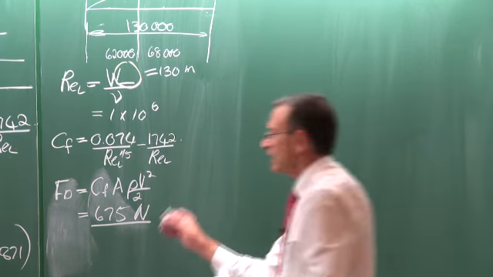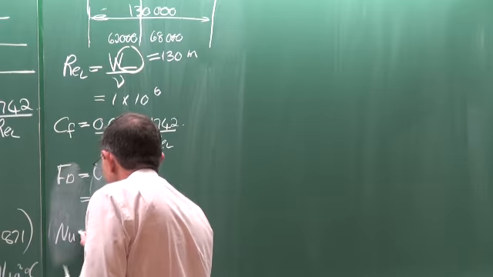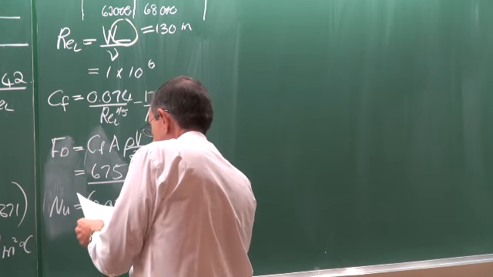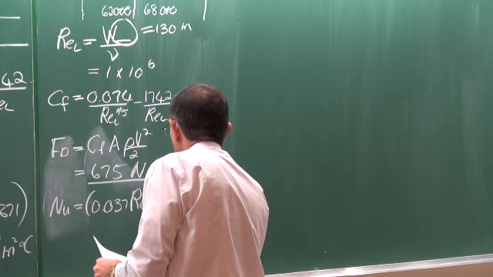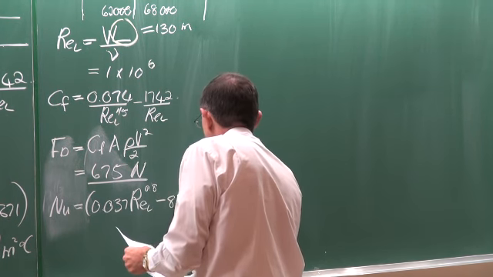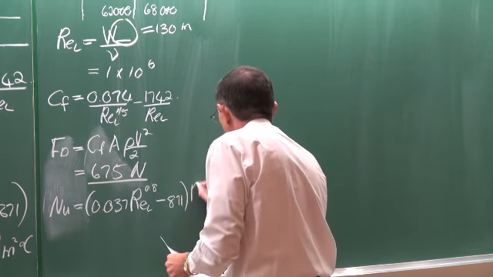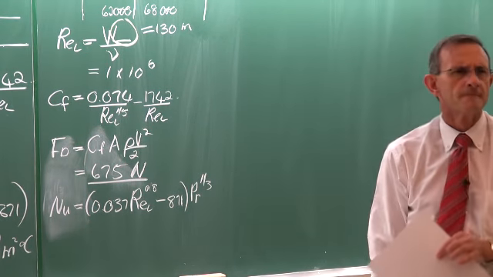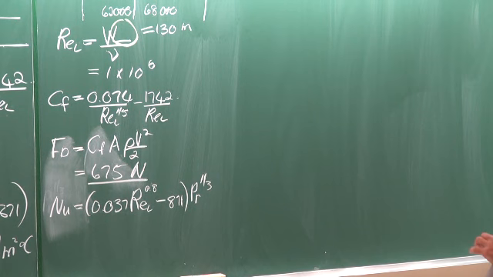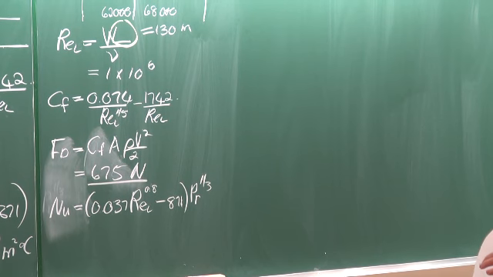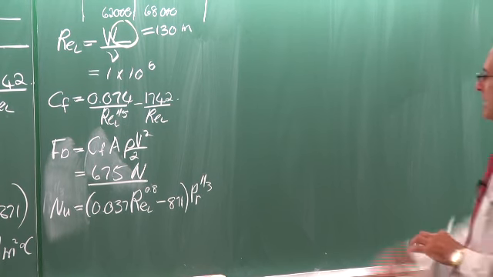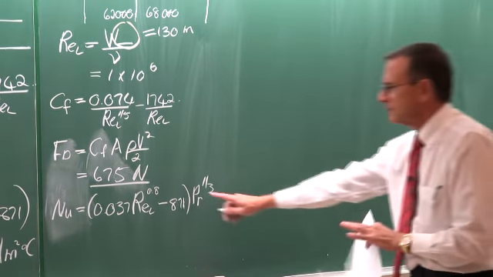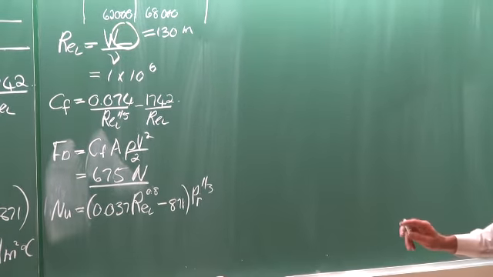With the Nusselt number, we have to take into consideration again the laminar part and the turbulent part. So it is 0.037 Reynolds to the L to the 0.8 minus 871, multiplied by Prandtl to the one-third. Yesterday, when you used that formula, you said it's only valid for a Prandtl number between 0.6 and 60. I will just have to go and check, so I will let you know with the next lecture.